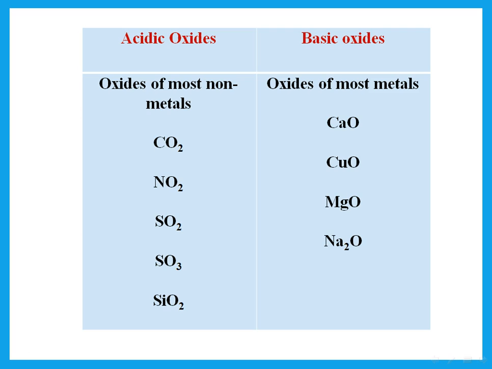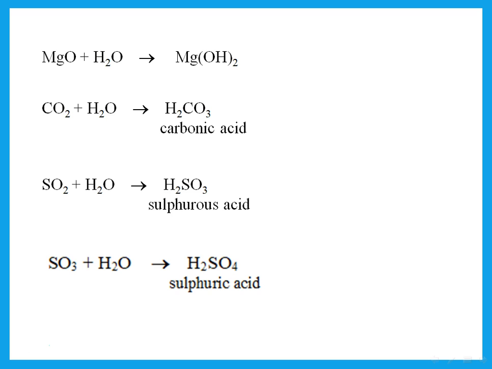Remember that for grade 10 or for the IGCSE extended syllabus, you will realize that there are some exceptions to these rules. But for now, let's say that oxides of non-metals are usually acidic, oxides of metals are usually basic.